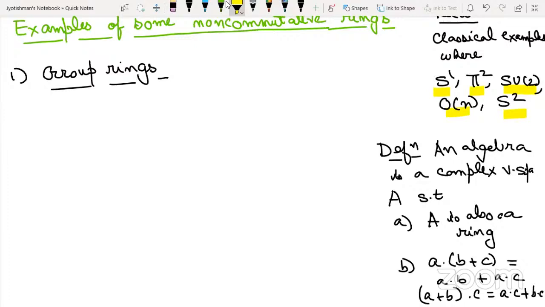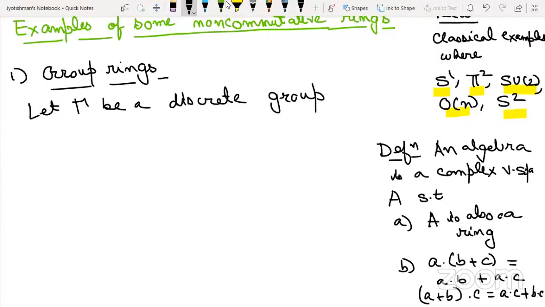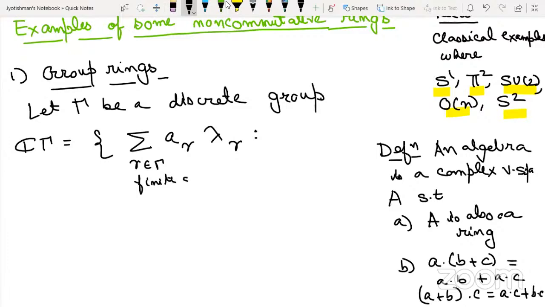So let gamma be a discrete group. Then the group ring is defined to be symbols like this, finite sums, with gamma in Gamma, but finite sums.